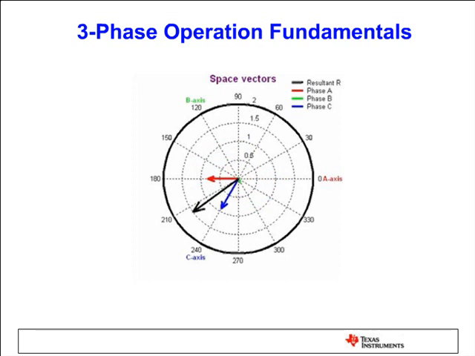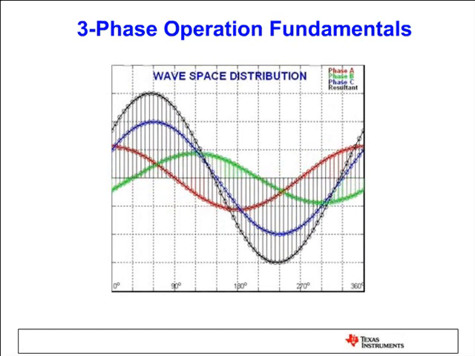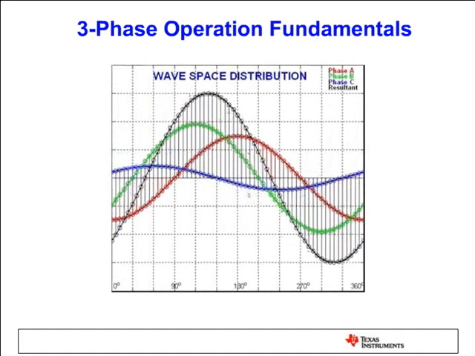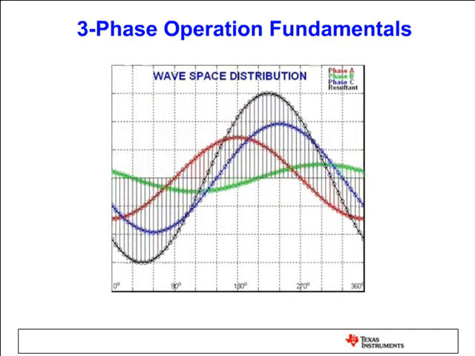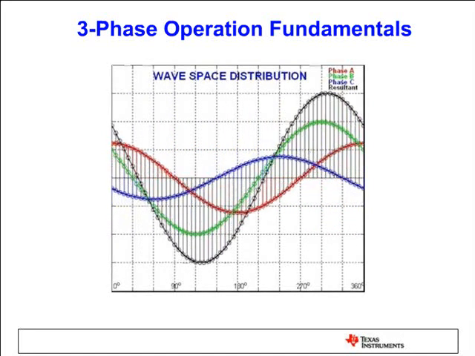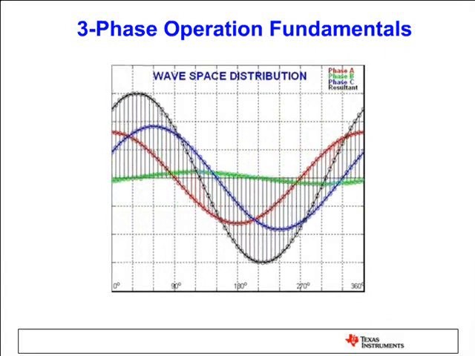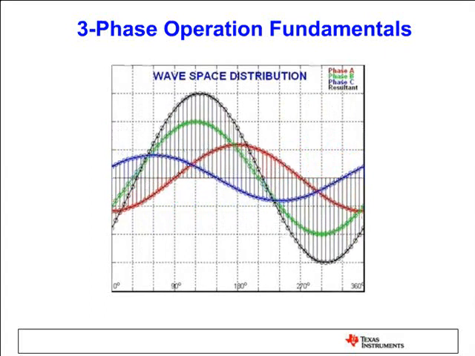Now we have another animation. Here we are going to see the exact same thing in the time domain. Okay, again, blue, green, and red waveforms belong to phases, and the black one is the resultant vector, which is a traveling or rotating field vector in the stator or in the air gap.